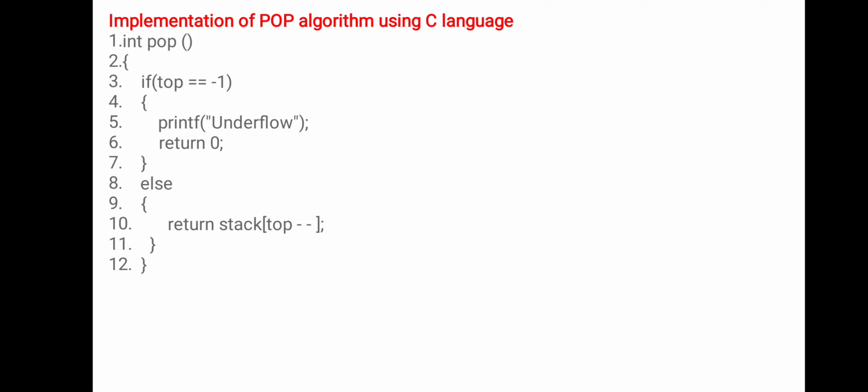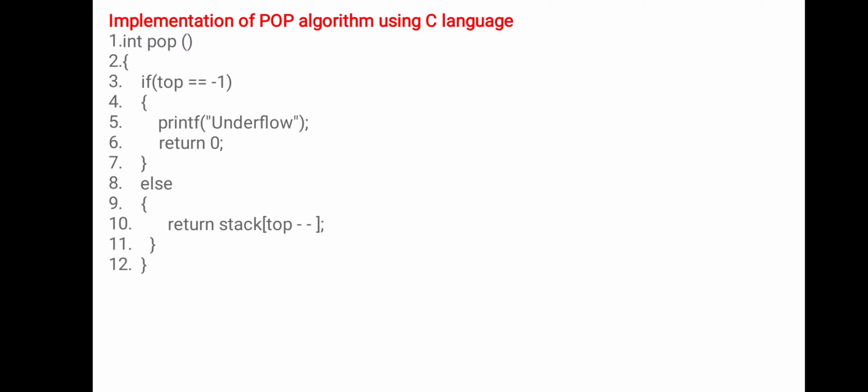See here, implementation of the pop algorithm using C language. You observe the integer pop function. If top equal to minus 1, which means there are no elements, simply print underflow or return 0.